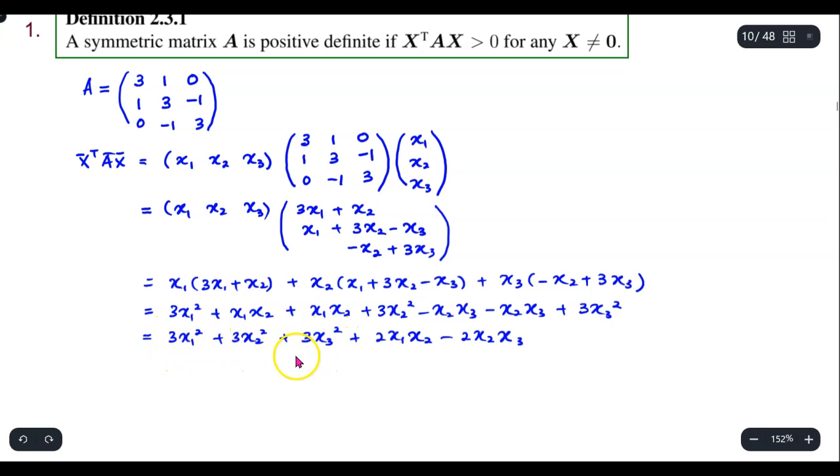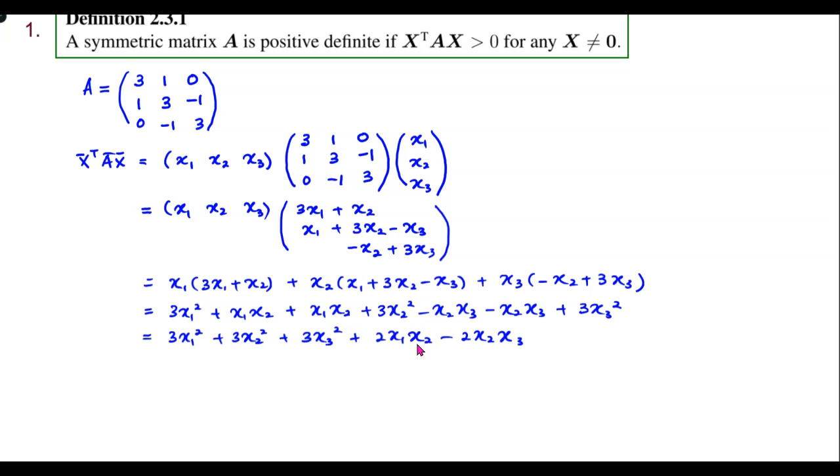The first three terms here are guaranteed to be always positive, because no matter the value of x1, x2, x3, you always square that term. But these two can be negative. So now we need to manipulate, to see whether we can get a positive term.